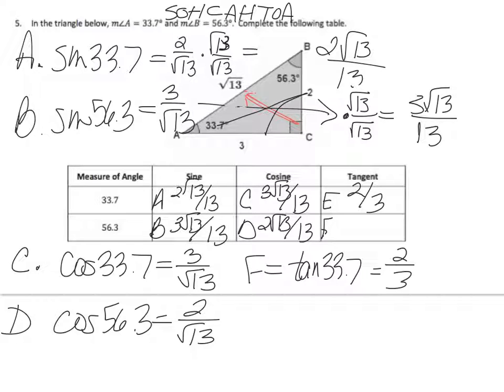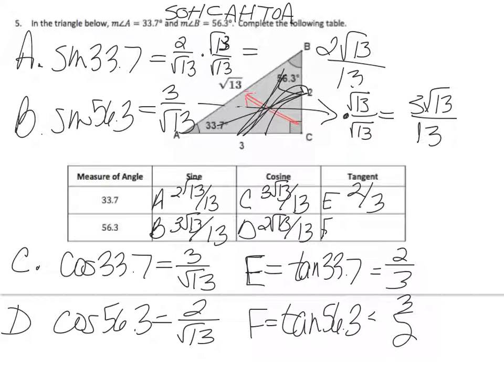And then, sorry, that was E. F, tangent of 56.3. I need opposite over adjacent, TOA. Opposite over adjacent, 3 over 2. Cool.